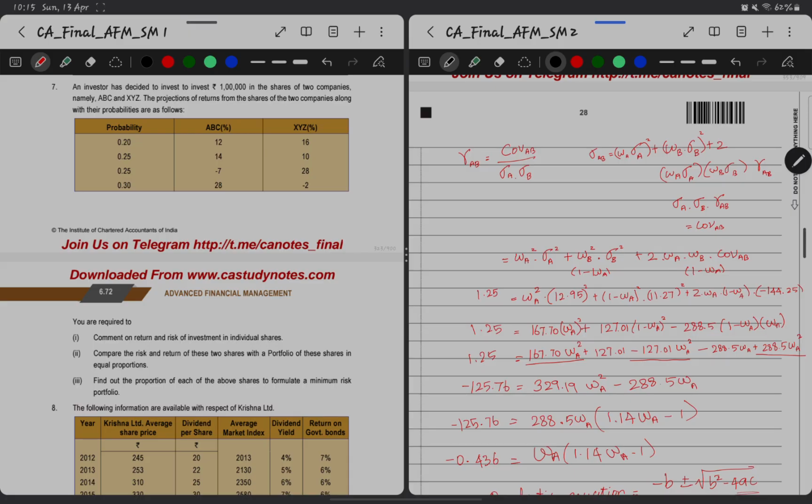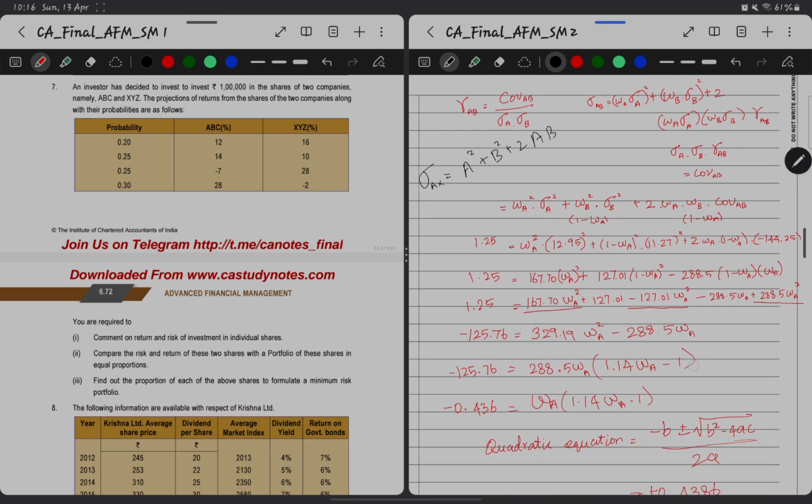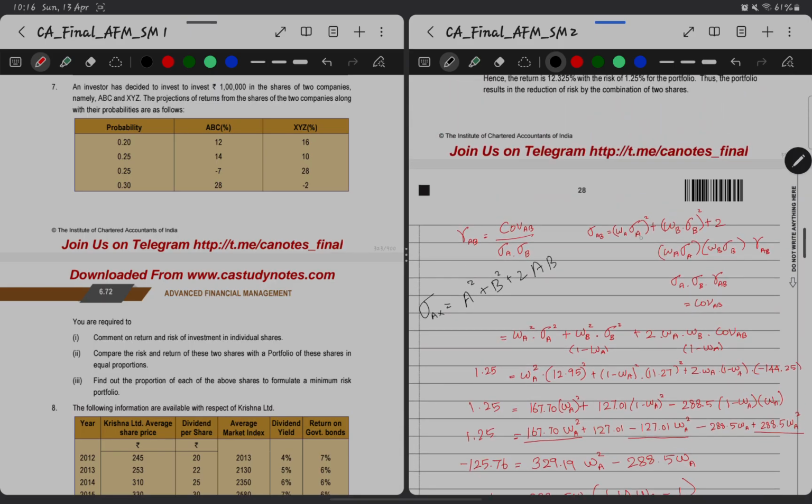As we know the risk of ABC and XYZ, if we apply our formula a square plus b square plus 2ab and do a reverse calculation, since we need the weight, if we know the weight of A, then weight of B will be nothing but 1 minus weight of A, correct?